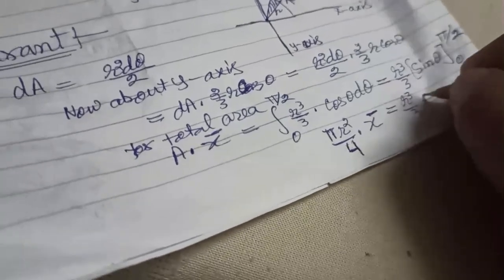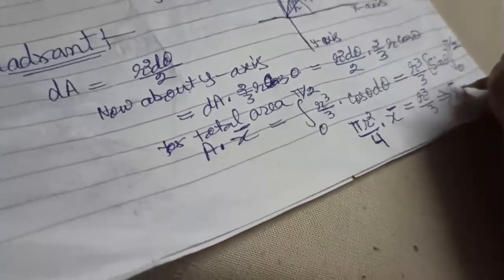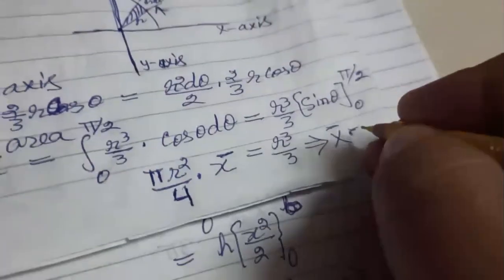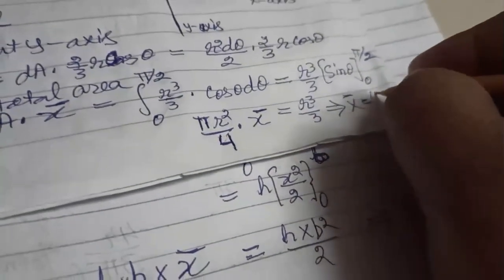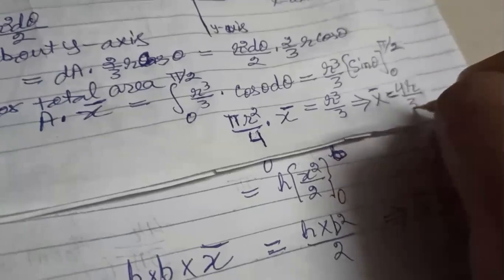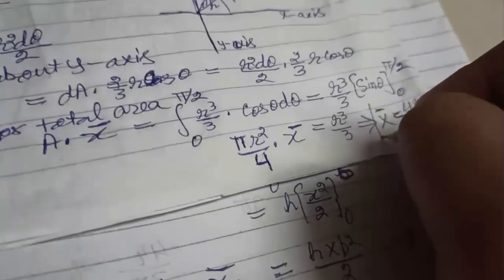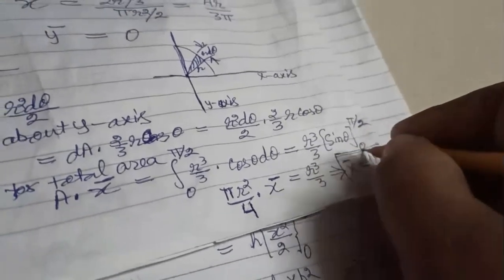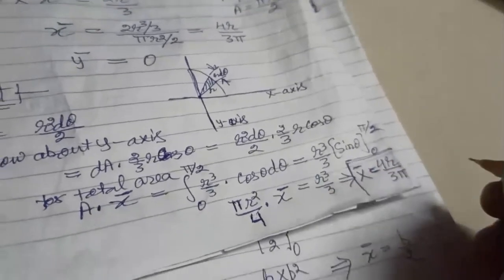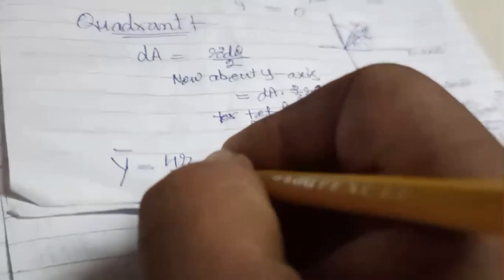So this will give you x bar equal to 4r by 3 pi. So this is the quadrant x bar. Similarly, we can find y bar also, which will also come out as 4r by 3 pi.